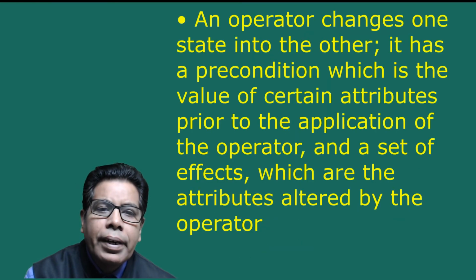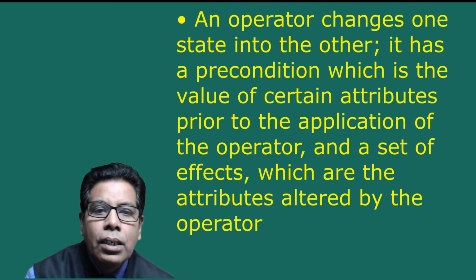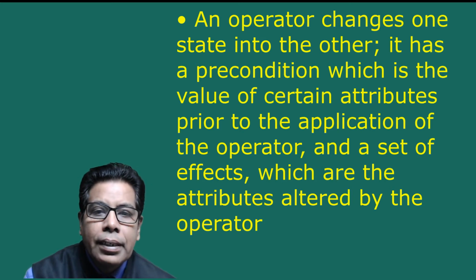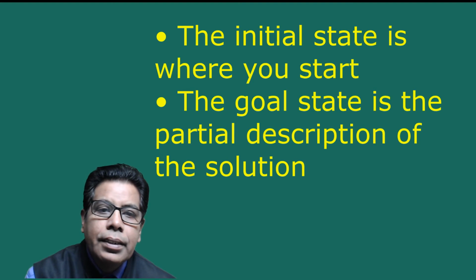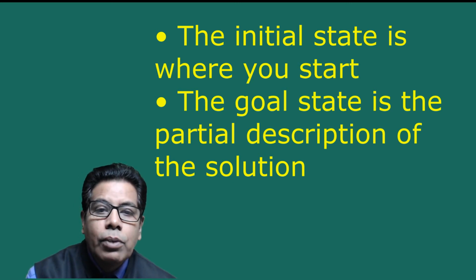Then an operator changes one state into another. It has a precondition, which is the value of certain attributes prior to the application of the operator, and a set of effects, which are attributes altered by the operator. Then next, the initial state is where you start and the goal state is the partial description of the solution. That is the final state where you want to reach.